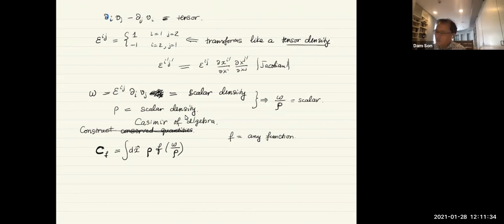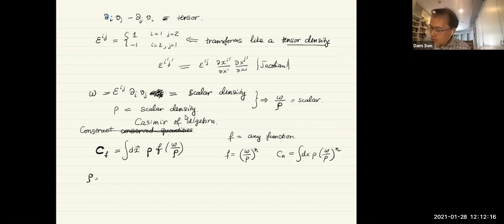For example, omega over rho to the power of n, and we would have an infinite number of these quantities that we claim to commute. n equal to 1 would be the integral over the vorticity. That is rather trivial because vorticity is a derivative, so that integral will be equal to 0. But otherwise, it's a non-trivial operator.